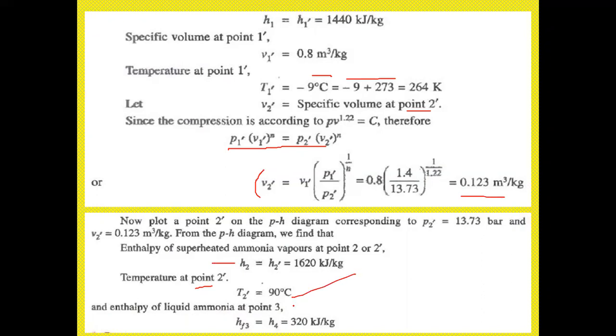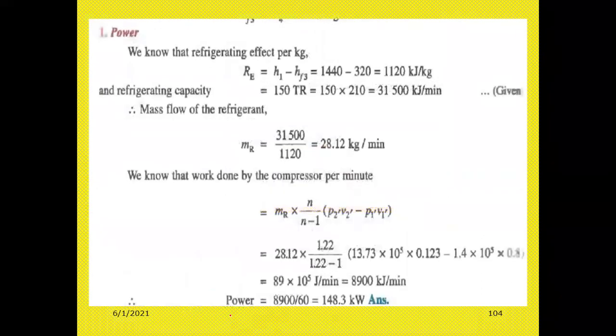The liquid ammonia should vaporize at point 2 dash. So we got the value T2 dash is equal to 90 degrees centigrade and HF3 is equal to 320.